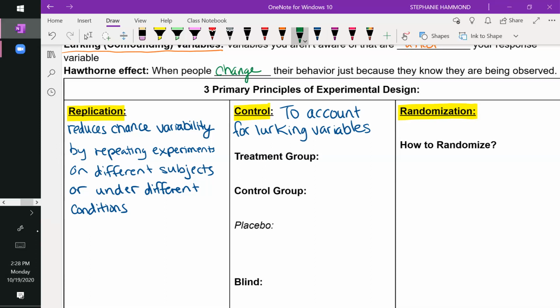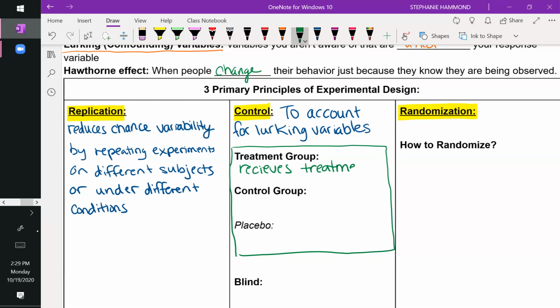When we have a controlled experiment, it means that we have our subjects separated into at least two groups. One group being the treatment group. This is the group that receives treatment. And the other group is the control group.